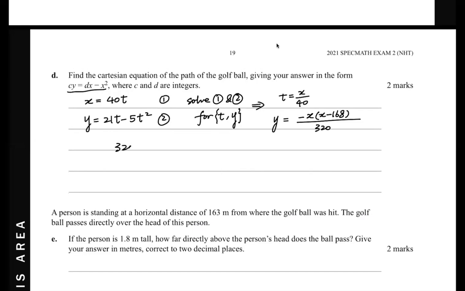So 320y equals minus x times (x minus 168). And 320y, I suppose it's 168x take away x squared as required. You have to satisfy the required specification by the question. So read the question and make sure you answer the question.